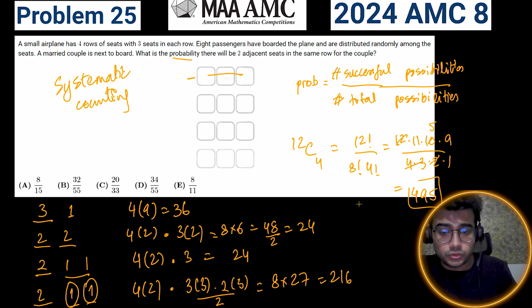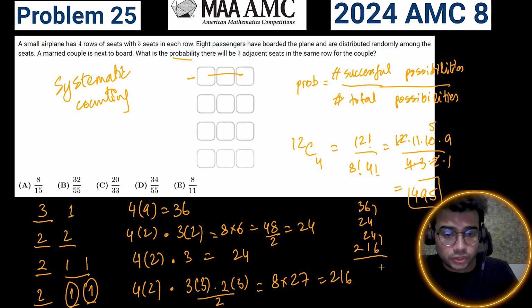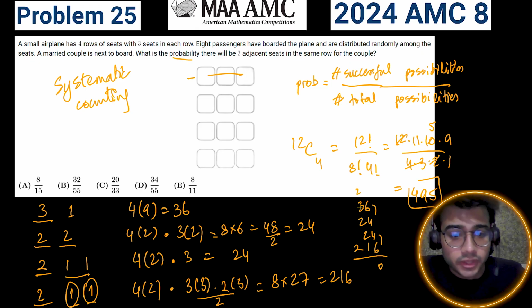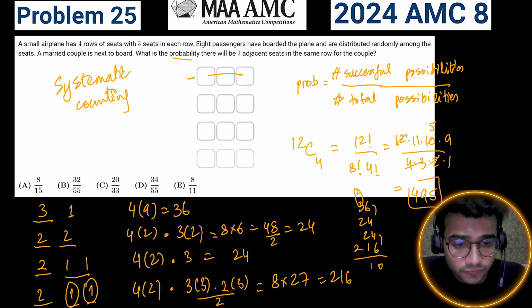So we do 36, 24, 24, and 216. That gives us 300.